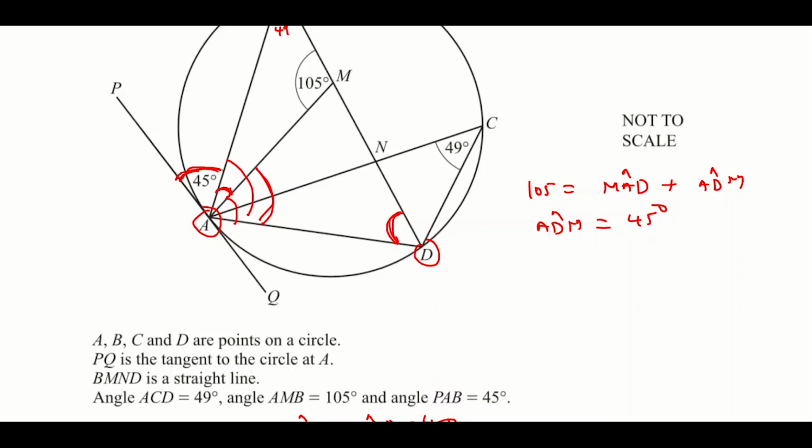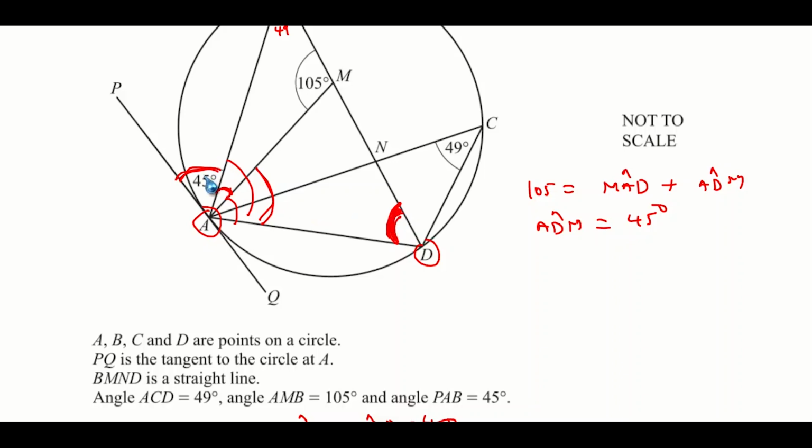When the angle between a chord and a tangent is 45 degrees, it's in the alternate segment, rather. I kept on saying the same segment, but it is the alternate segment.